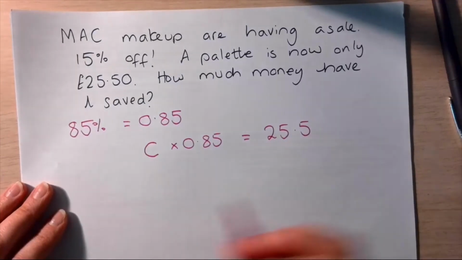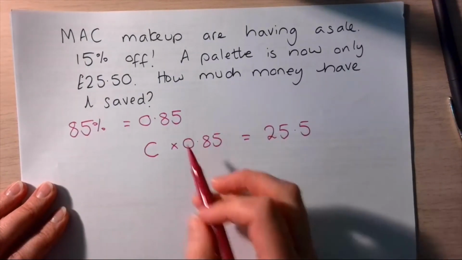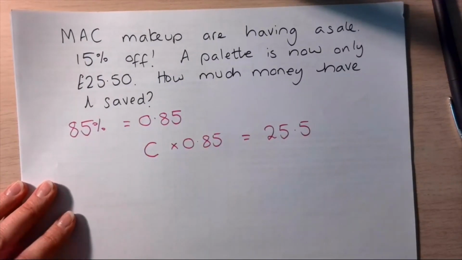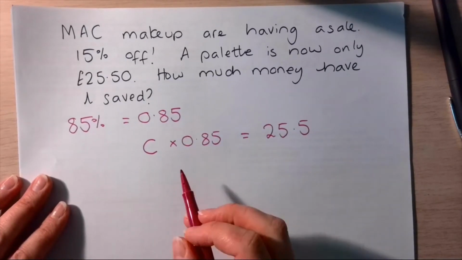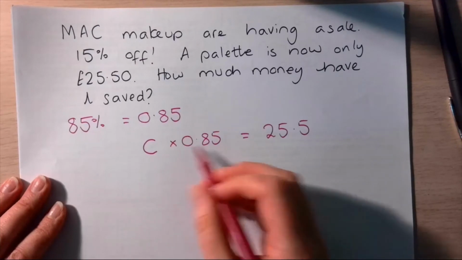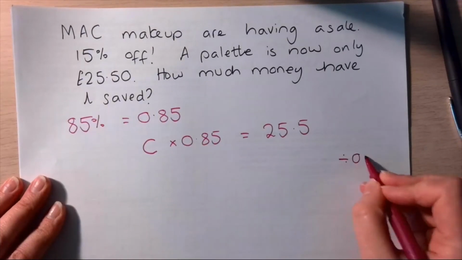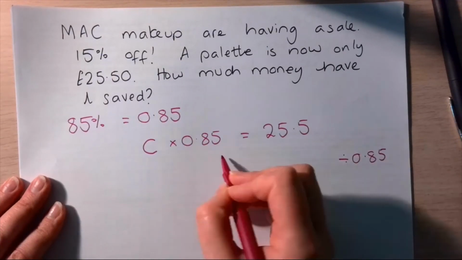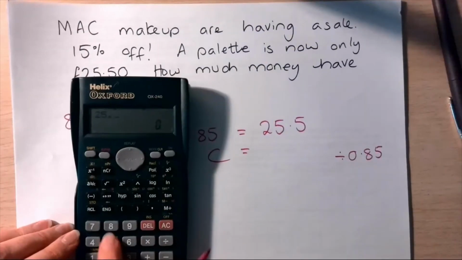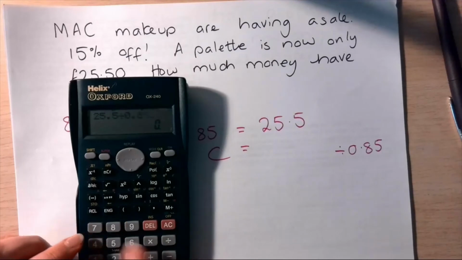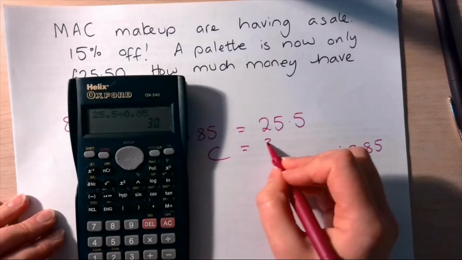I'm just not going to put the 0 in because we're not working with units just yet. At the end, of course, we'll need to make sure it looks like a money number. So here we go, we're going to have to do the inverse. We're going to divide by 0.85, which gives us C equals 25.5 divided by 0.85, which is £30.